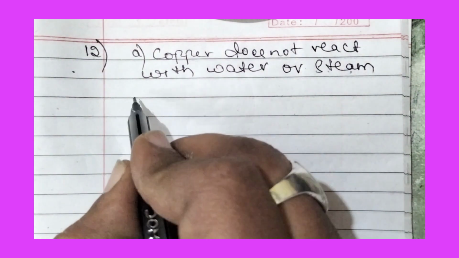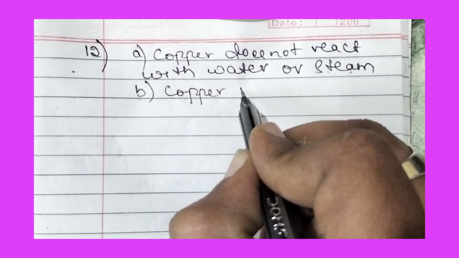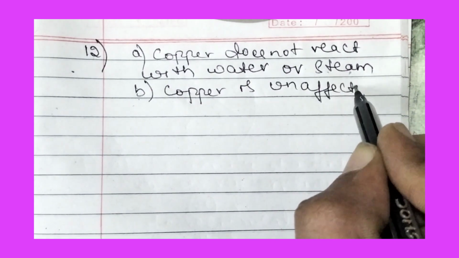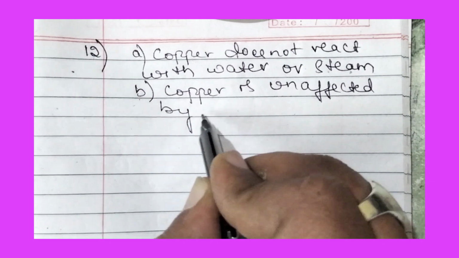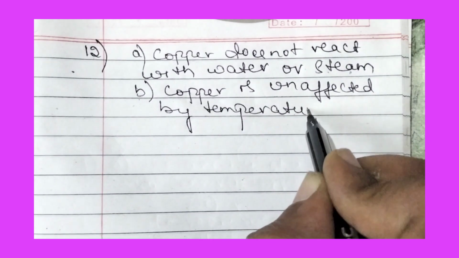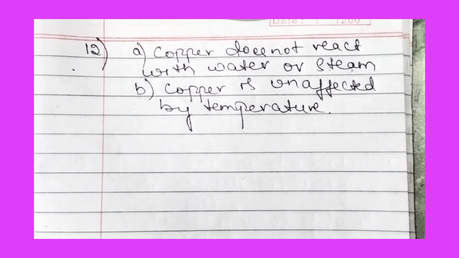Then the second point is copper is unaffected by temperature. So these two reasons made us use copper for making tanks, but not steel.